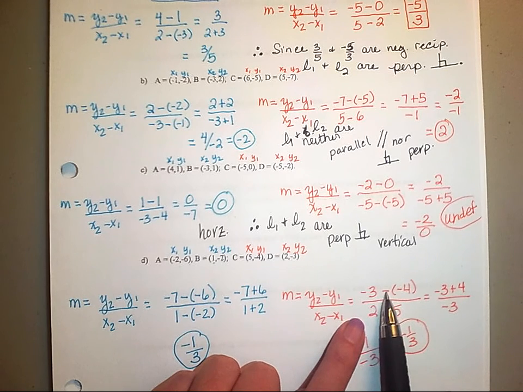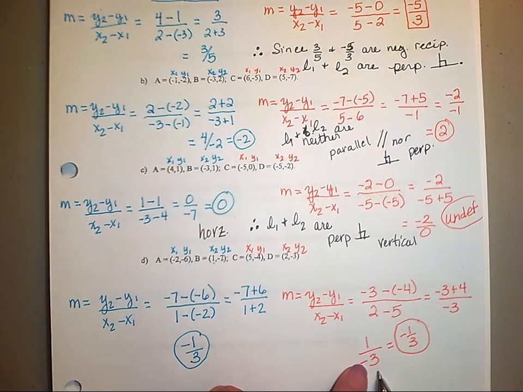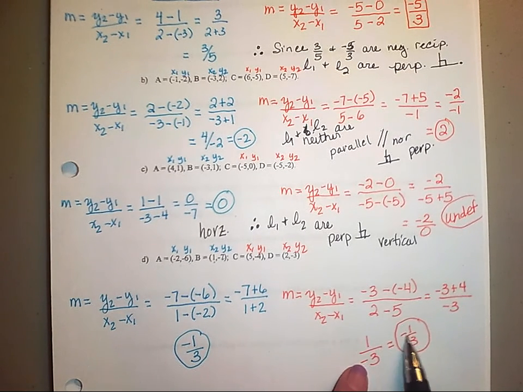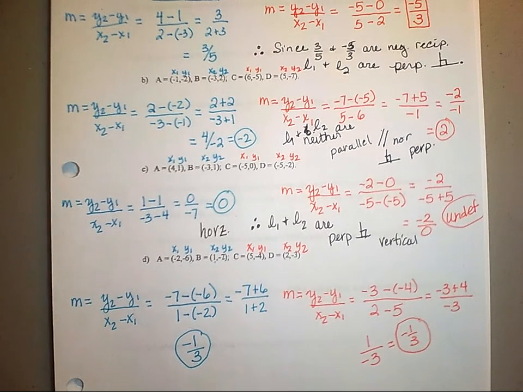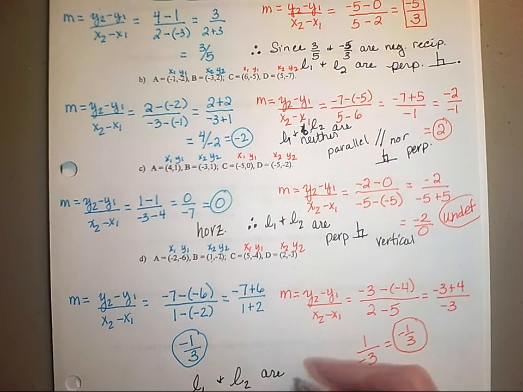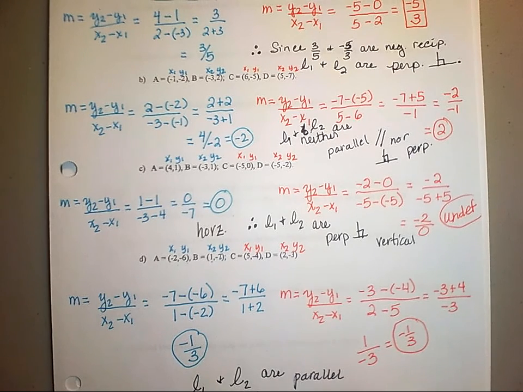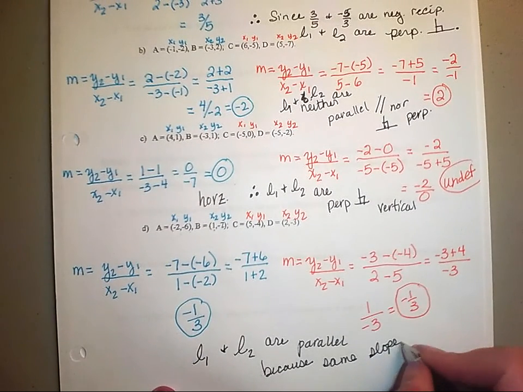So negative 3 plus 4 over negative 3, or 4 minus 3 is positive 1 divided by negative 3. And I always bring this negative up top just so I don't lose it. So in this case, we have the same slopes. So L1 and L2 are parallel because same slope. Okay.